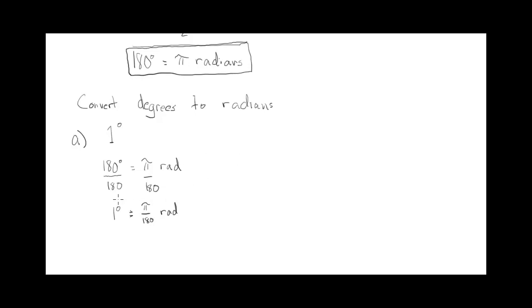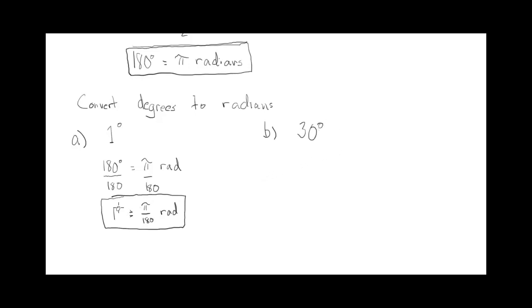So this equation is what we use to figure out how many radians are in a degree, and it's a little bit easier to work with. Let me give you a second example. Let's say 30 degrees. Let's say I want to know how much is 30 degrees.